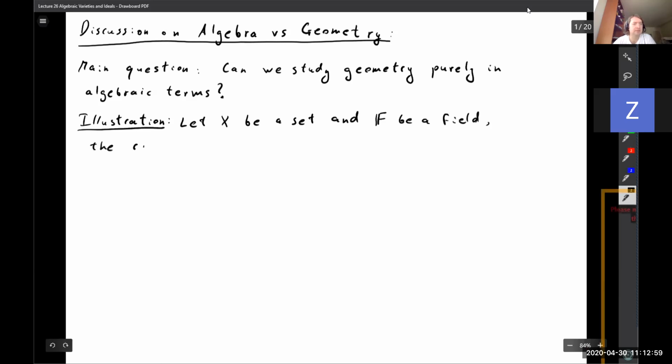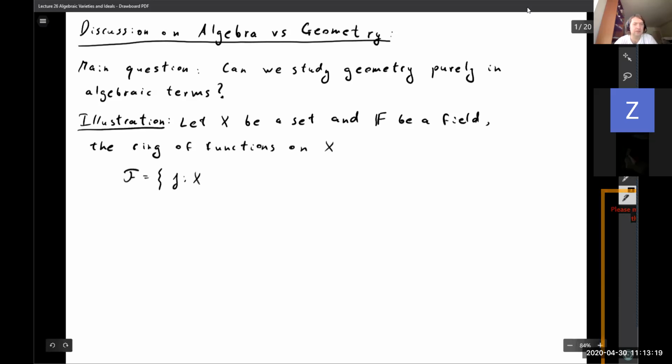The ring of functions on X is defined as the set of all functions from X to F.